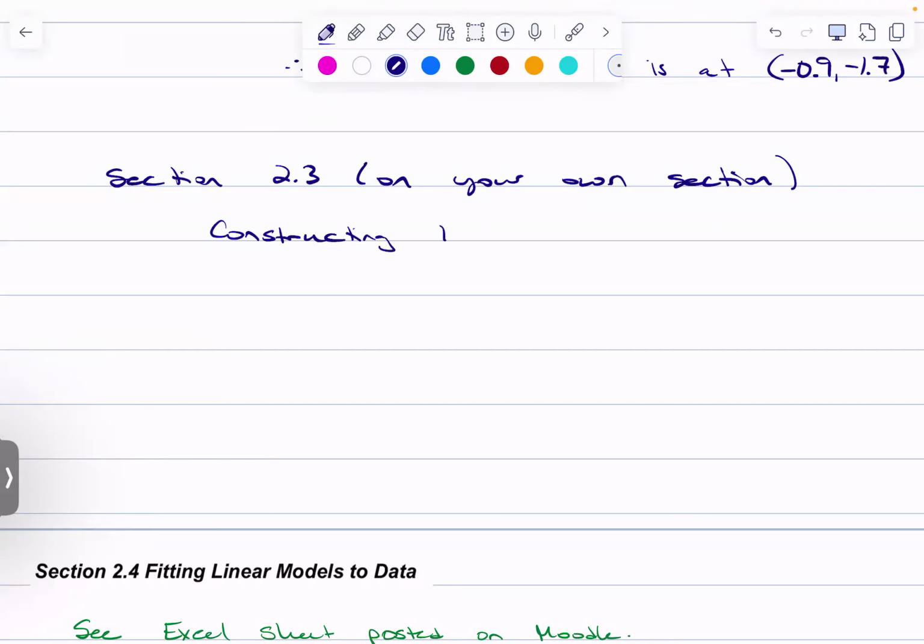That's hard, right? But once you see enough word problems, you start to recognize patterns and, oh, okay, when they say it like that, this is what they mean, right? And so that takes practice.